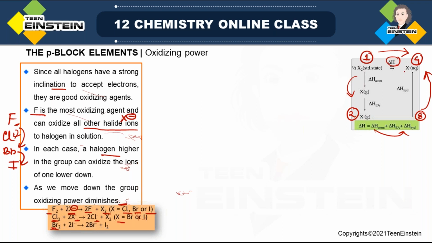That means the enthalpy change when moving from 1 to 4 will be equal to the delta H for 1 to 2, that is delta H atomization, then 2 to 3, delta H electron affinity, and 3 to 4, delta H hydration. Hydration means HYD. So whether you move from 1 to 4 directly, in that case it is delta H, or by the other route, the summation of all these three will be equal to delta H, and this is based on Hess's law. Now what we are doing here, just let me erase all this.